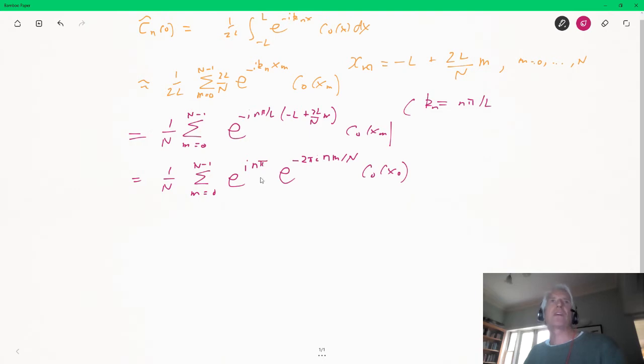We've got this extra bit, and that's floated in because we chose to use the left-hand endpoint. We'll see that it cancels out when we go back anyway, so it doesn't matter.